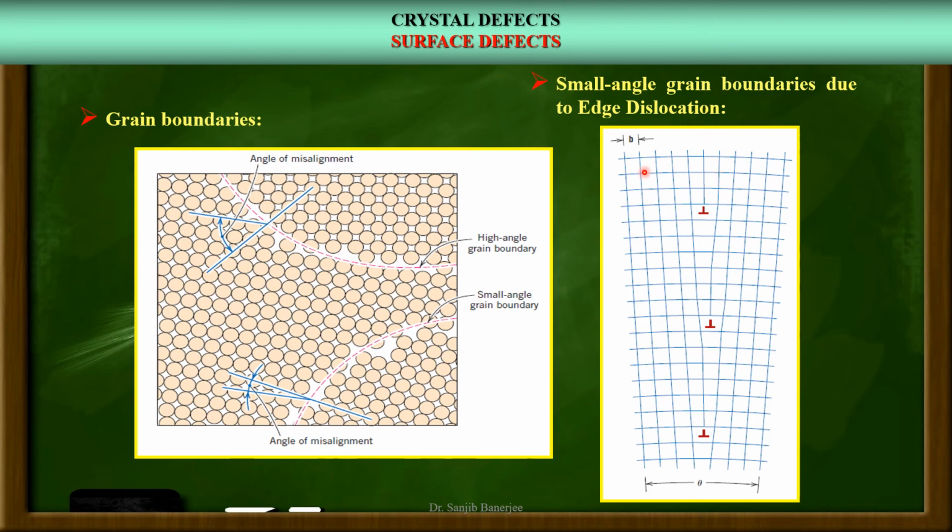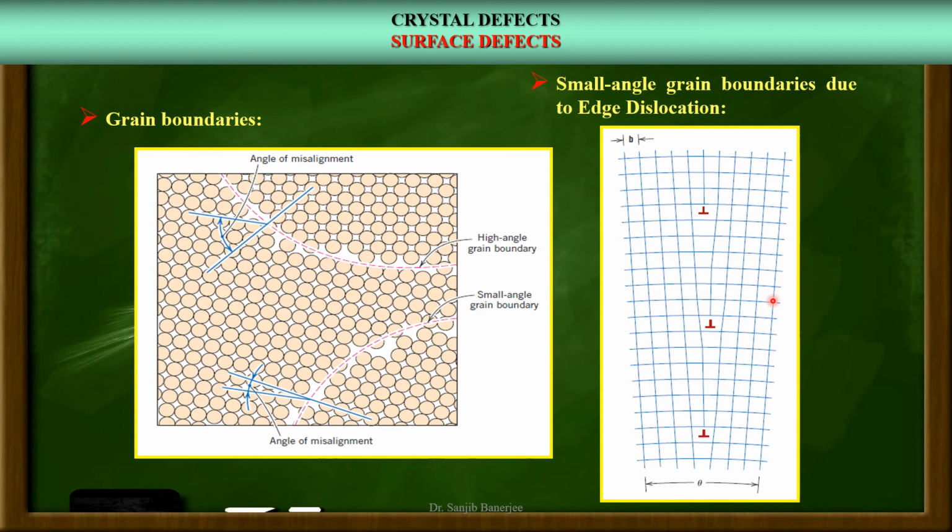Now, although the entire grain has the same crystal structure, when edge dislocations or extra half planes of atoms are present within the grains, there can be slight misalignment of crystal orientations from one part of the grain to another.